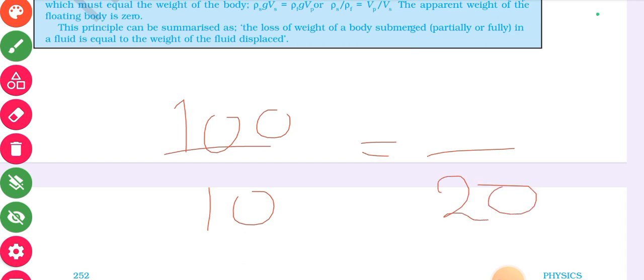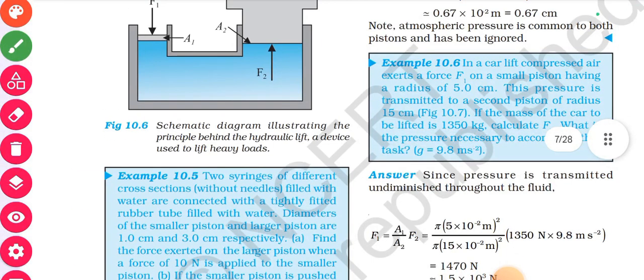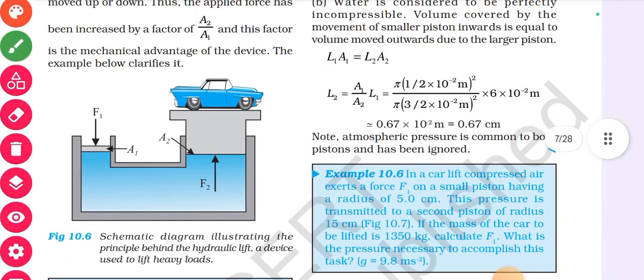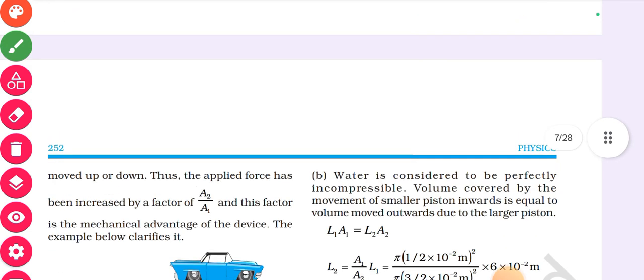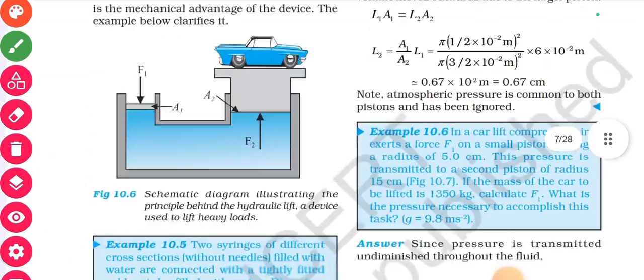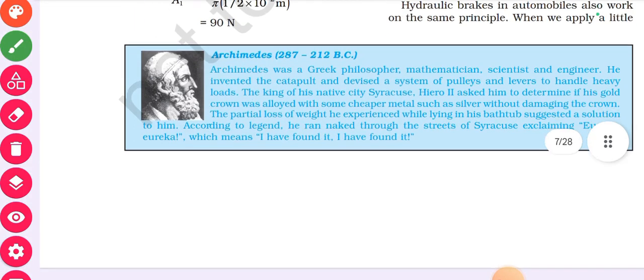So how much should the force be here to make the ratio equal? It must be 200. So you see, the greater area gives more force due to Pascal's law. So with a little force we can even lift a car. This is the hydraulic lift. The hydraulic press works on a similar principle, and there are hydraulic brakes too.